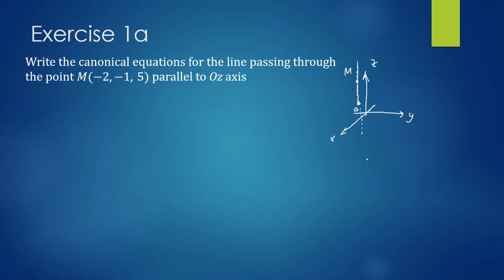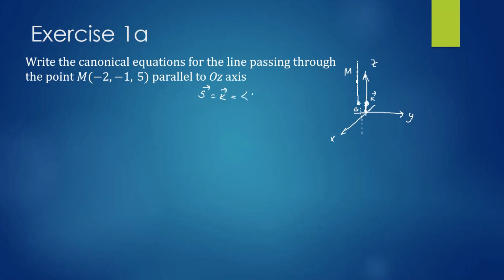Now, how to write the canonical equations? We have a point. What we need is, of course, the direction vector. The direction vector of this line, as you see, is parallel to the z-axis. So we could use the vector k, the unit vector on the z-axis, 1 unit long, to be the direction vector.